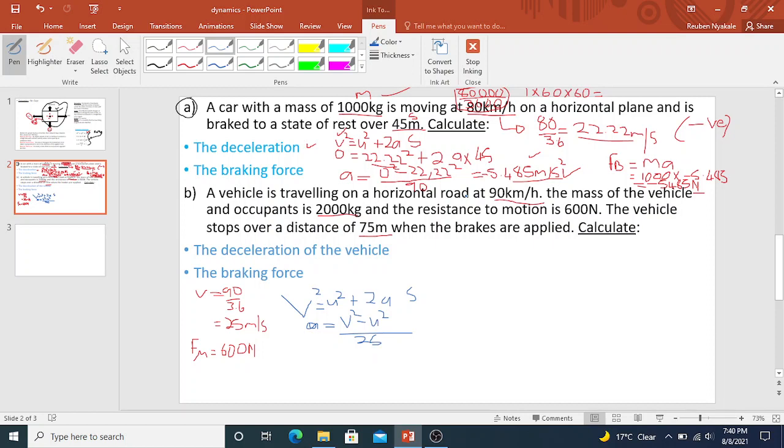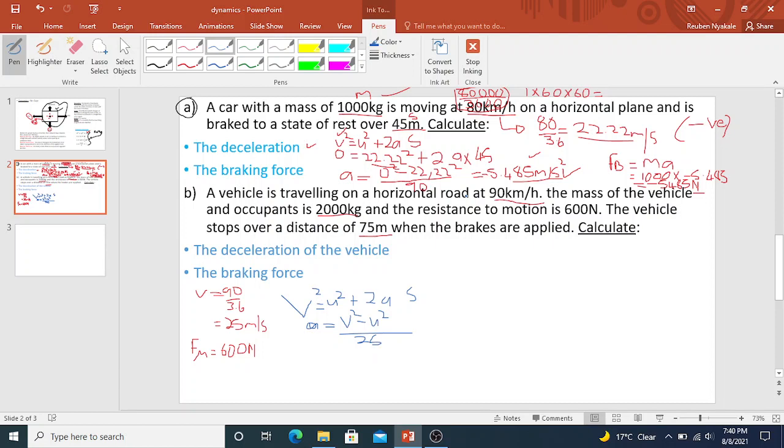Now, if the statement continued to say the driver accelerated and the car moved from 90 to 120 kilometers per hour, then that 120 would be the final V. That's the one you would use, 120 minus 90.